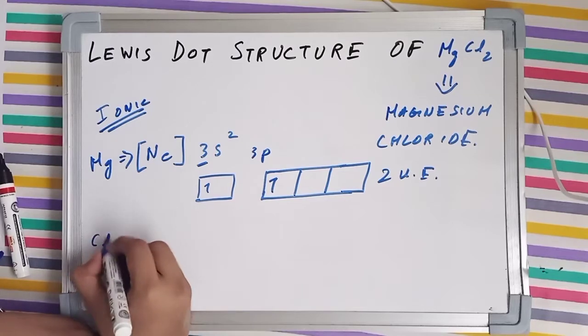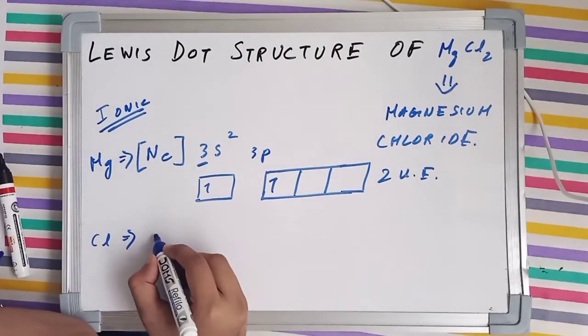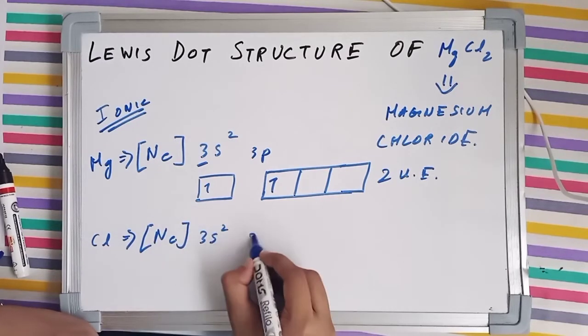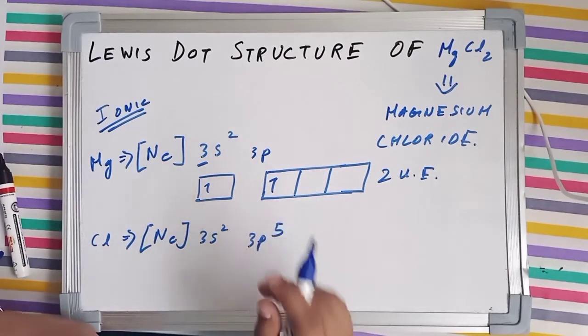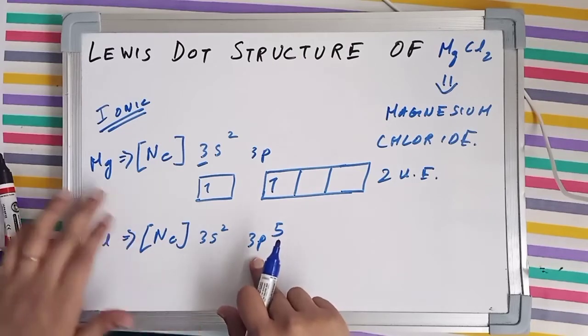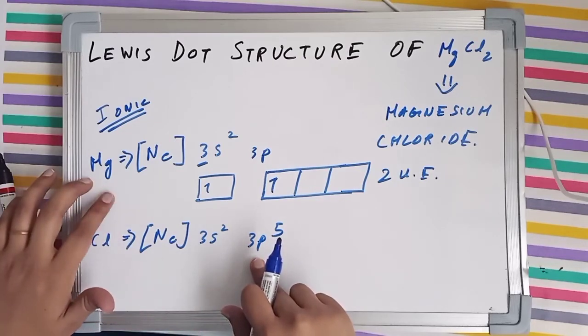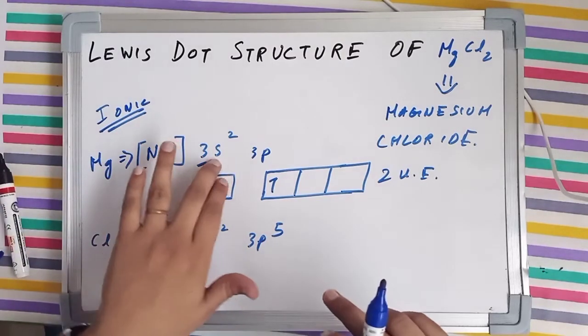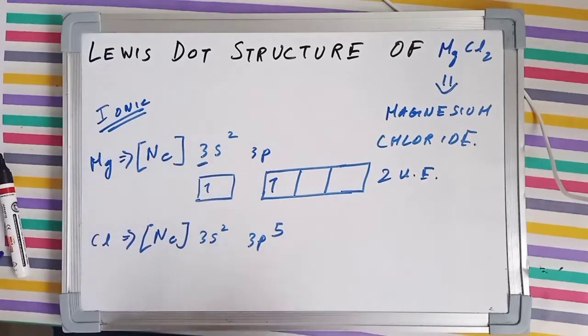Right, now talking about the electronic configuration of chlorine, it is the inert configuration of neon and then 3s2 and 3p5. Chlorine is a non-metal and it is a p block element, whereas magnesium is an alkaline earth metal, and it had the electronic configuration of 3s2.